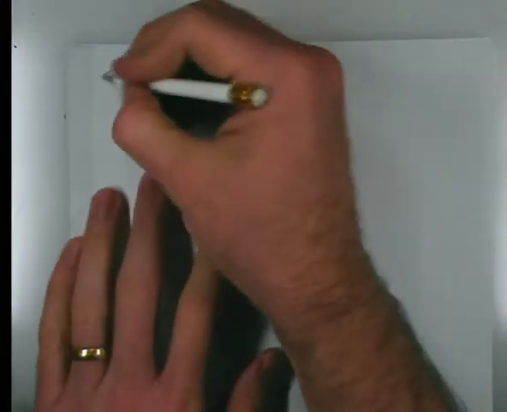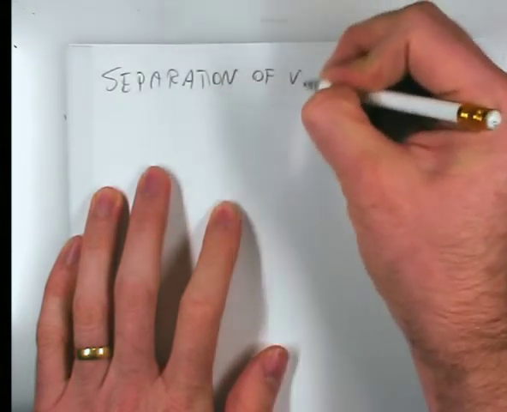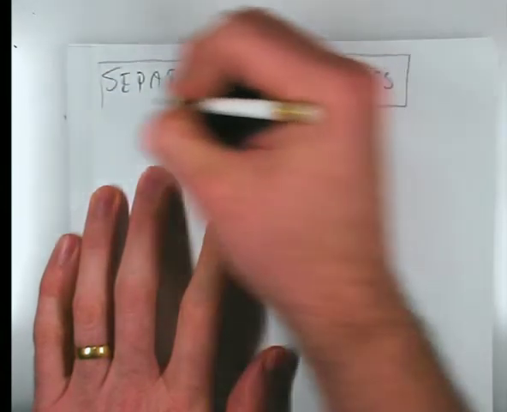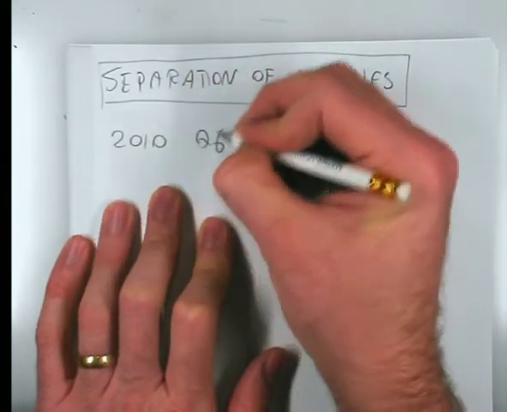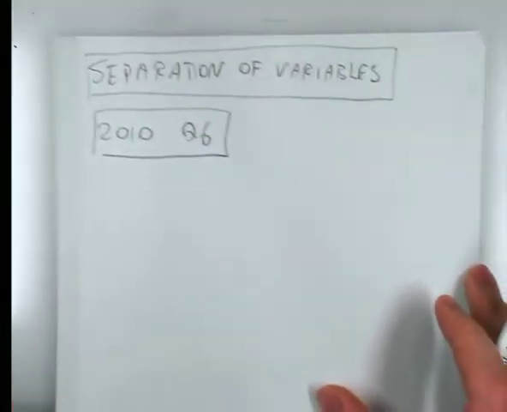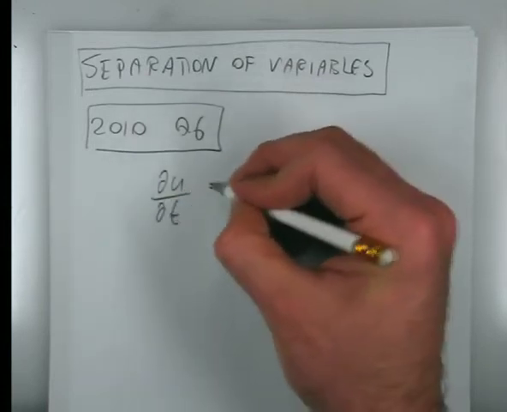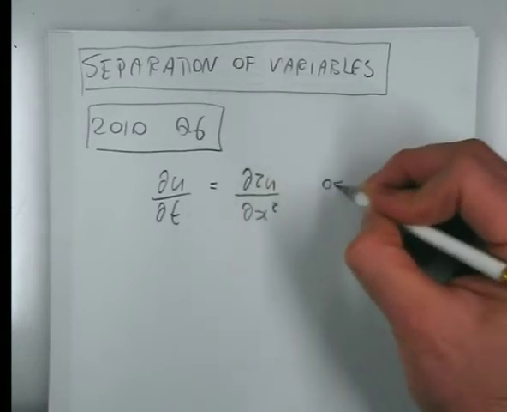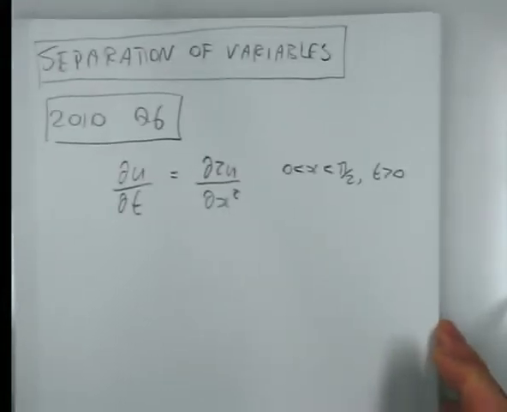So this is your separation of variables, right? This one's a bit different to the ones that have been in your assignment. Okay. So we're given this differential equation.